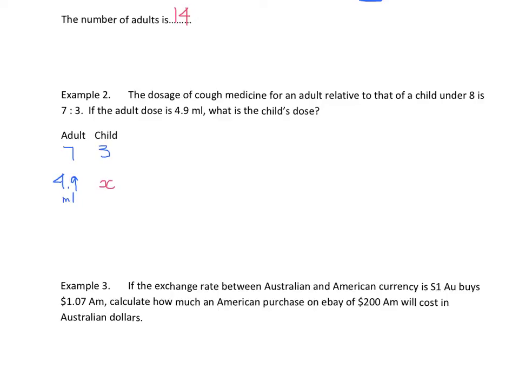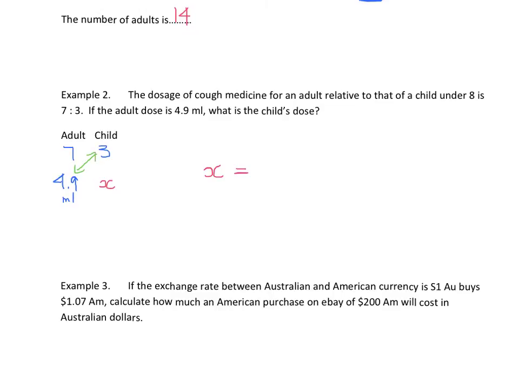So now to find x, we're going to do the cross multiplication. X is going to equal the two numbers on the diagonal.